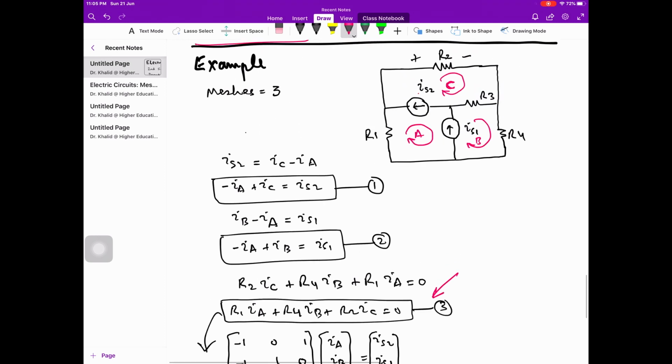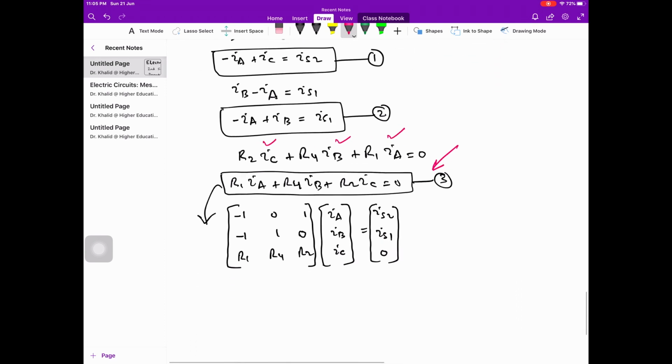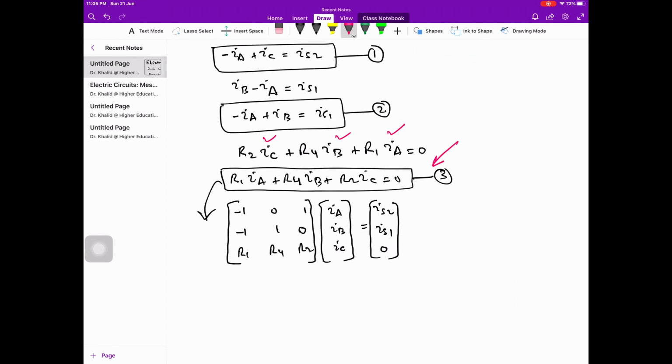Let me recheck it. This is R2 IC, okay, and R4 IB, correct, R1 IA, correct. So this is R1 and R4 and R2.